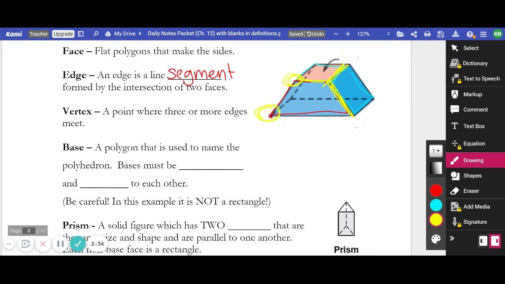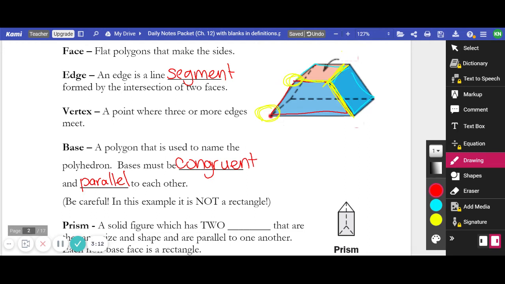Now, one of the very important ones that we're going to learn about is called base. A base is a polygon that is used to name the polyhedron, the solid. Bases must be congruent and parallel to each other. If they are not parallel to each other, they are not bases. Be careful.